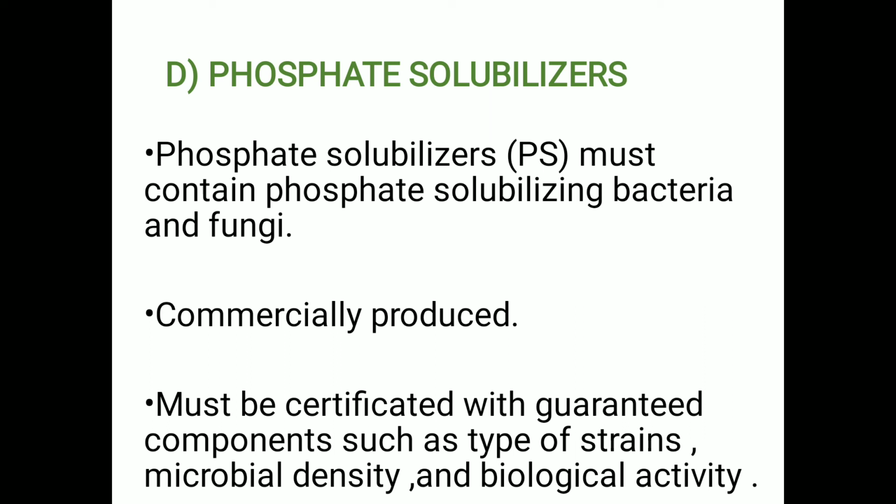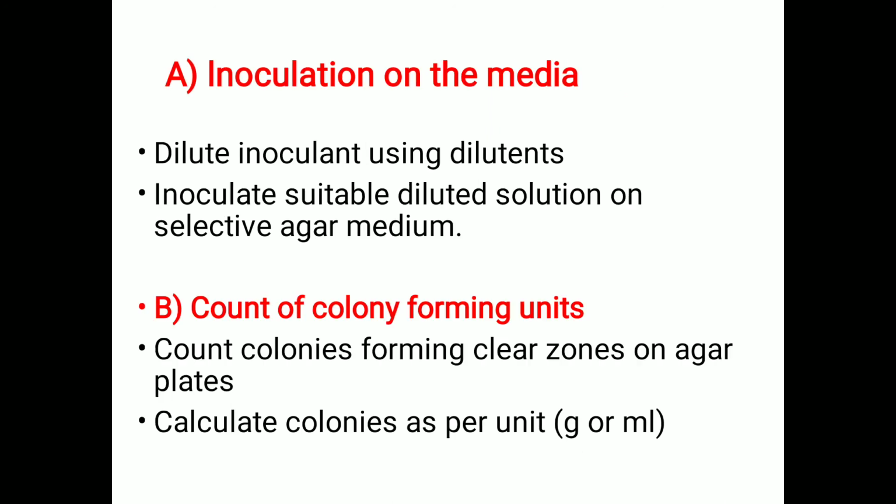And it must be certified with guaranteed components such as the type of strains, microbial density, biological activity, the manufacture date, expiry date, and the manufacturer address. All these things must be mentioned on the packets of that PSP.